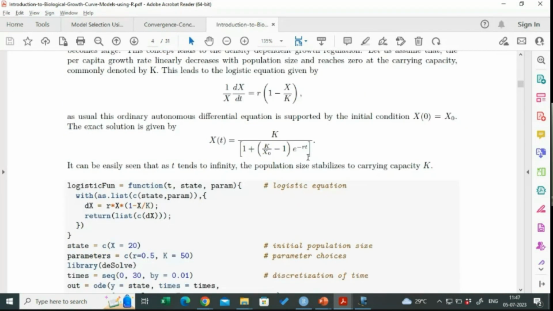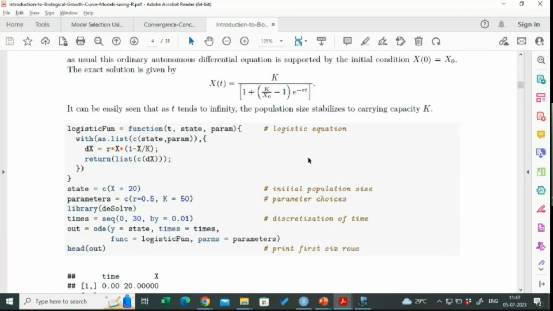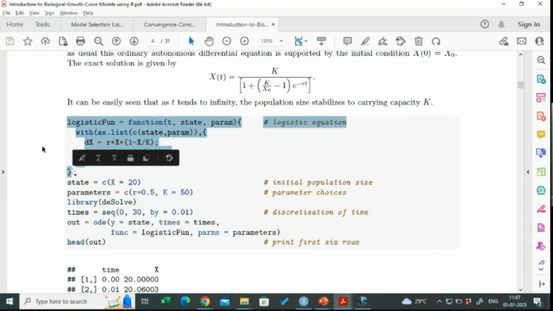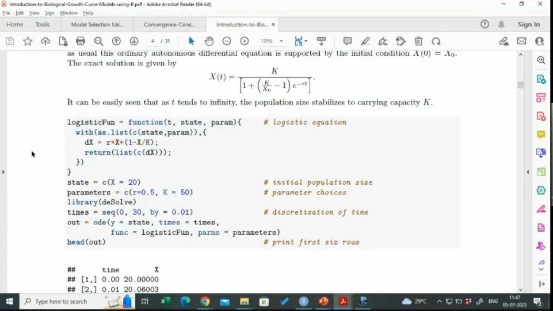So again, I do the same thing. What do we need if we want to solve this differential equation using R? We need the differential equation description as a function, which I call logistic function. This is the name that I have given.